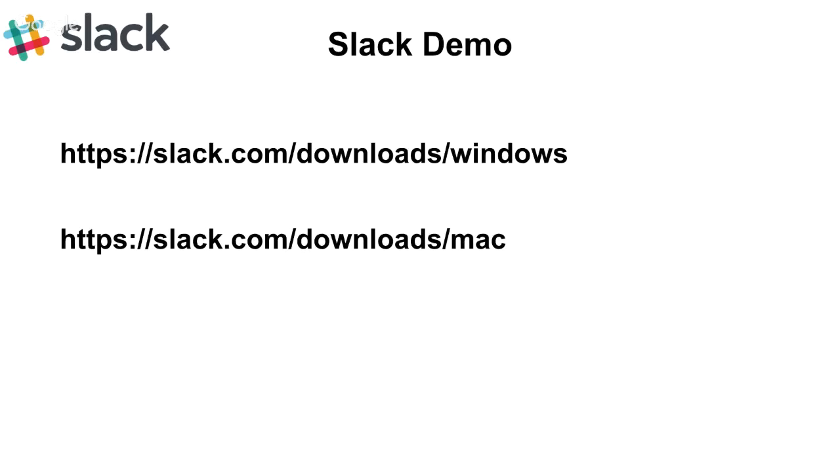So Slack is a very important tool at Udacity when you are doing a nanodegree, and it is really helpful as well. That was a brief introduction about Slack, and I'll give you a demo of how you can download this tool from the website and how you can use it.